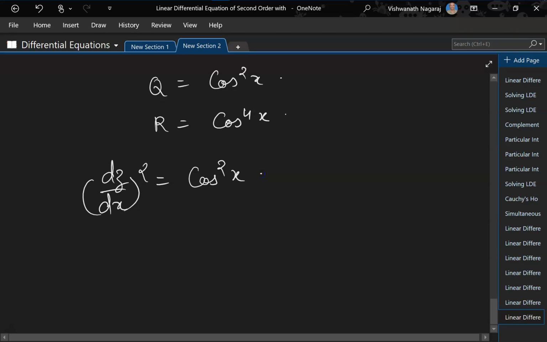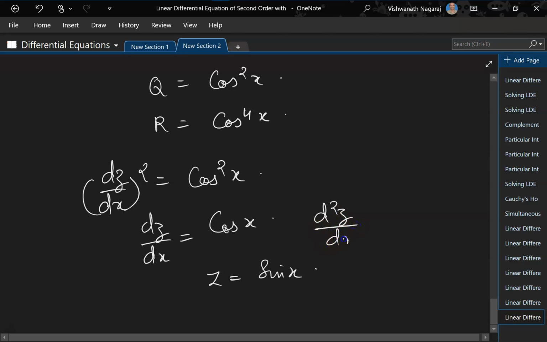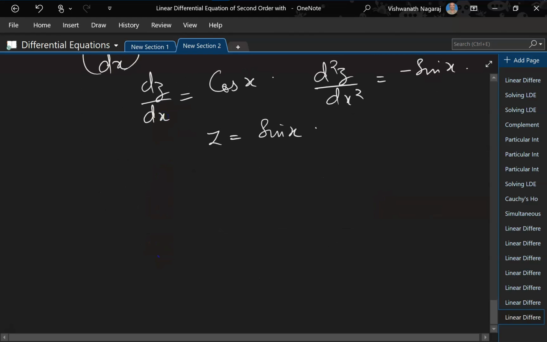Let's get rid of that square. So we get dz by dx is equal to cos x. Now, if we want z, we integrate, we get sin x. We might require d square z by dx square, in which case we differentiate it once more. We get minus sin x, right? Okay.